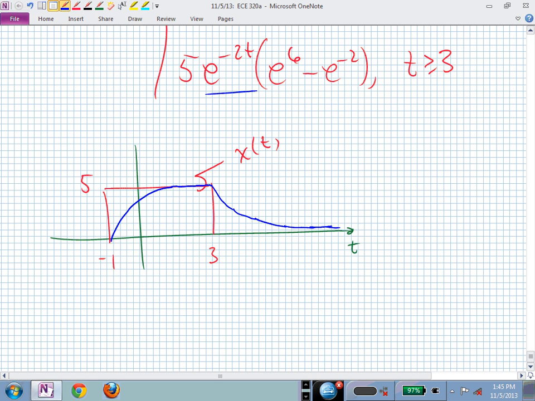And now we're going to be, what, 5 time constants later. What was our time constant in this case? It was 1/2, wasn't it? Because we had an e to the minus 2. Our time constant is 1/2. So 5 time constants, 2.5 seconds beyond 3, at 5.5, is where we're basically gone in our attenuation of that waveform. So I've maybe stretched it out longer than it needs to be.